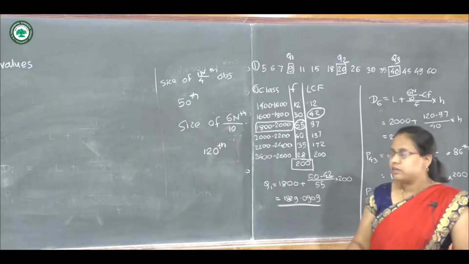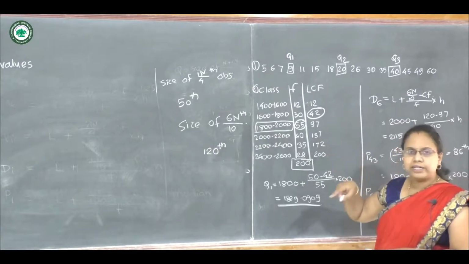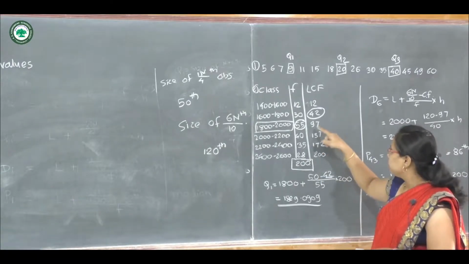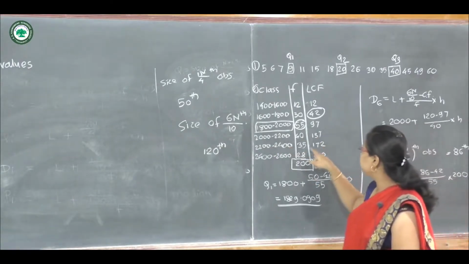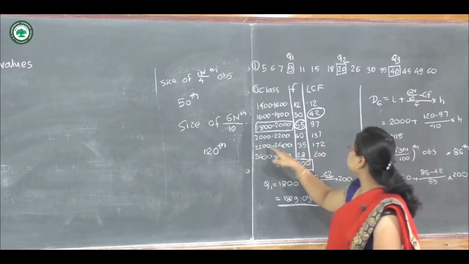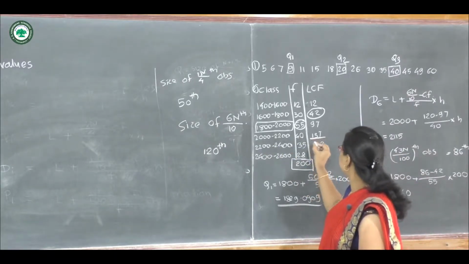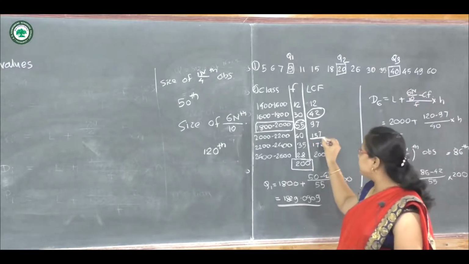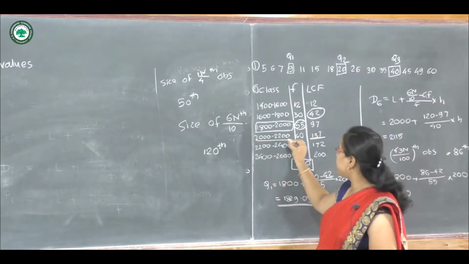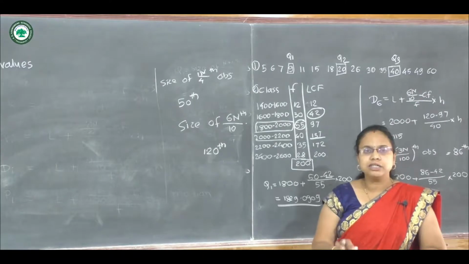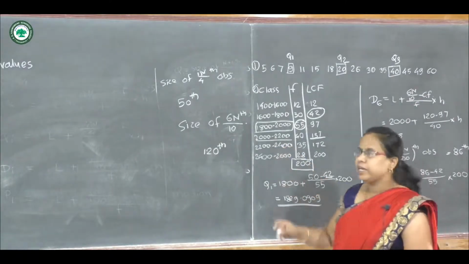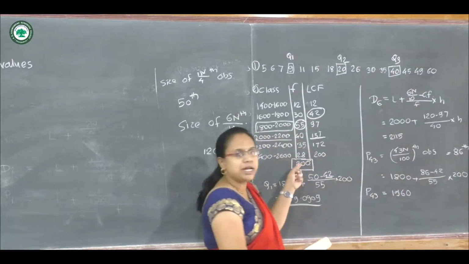So it is equal to or just greater than 120. We can see here that 137 is the cumulative frequency, and corresponding to it this is the class where our 6th decile will lie.